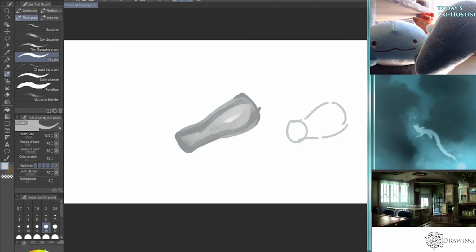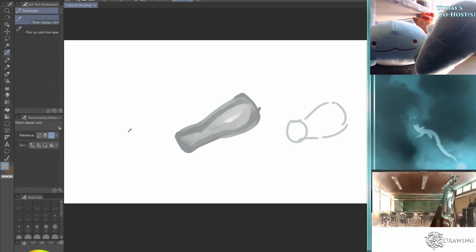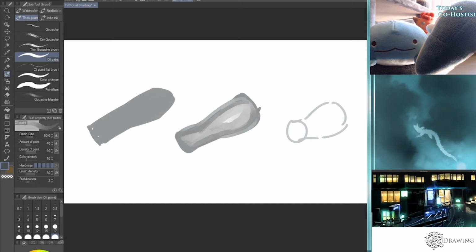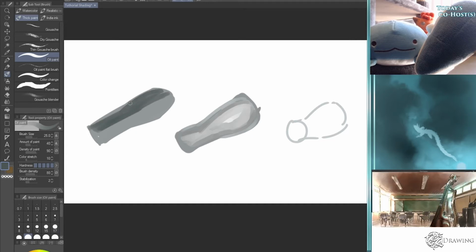But consider, same outline. What if this object was somehow pyramid-like, like so. One side was very dark, the other side extremely bright.